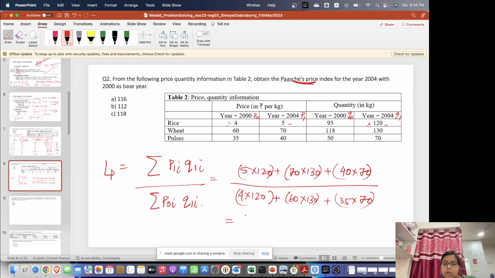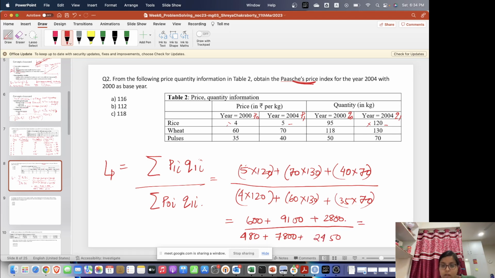So this will be 600 plus 9100 plus 2800, divided by 480 plus 7800 plus 2450.